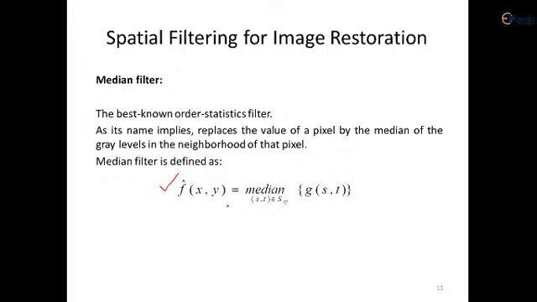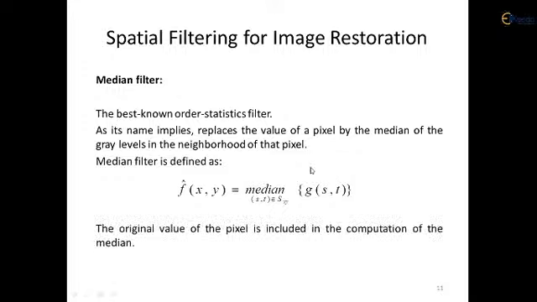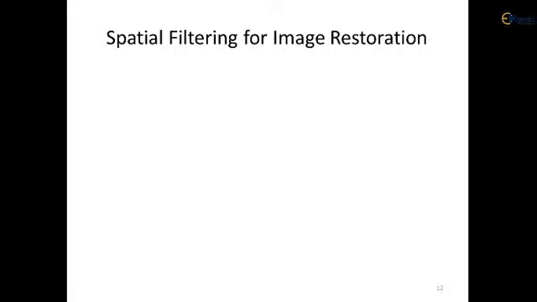This can be obtained by finding the median over the local neighborhood, represented as capital S suffix xy, with the median performed on the entire image represented as g as a function of s comma t. The thing is simple. The original value of the pixel we consider in the neighborhood, find the median, and replace the central pixel value by whatever median value we get as the result.